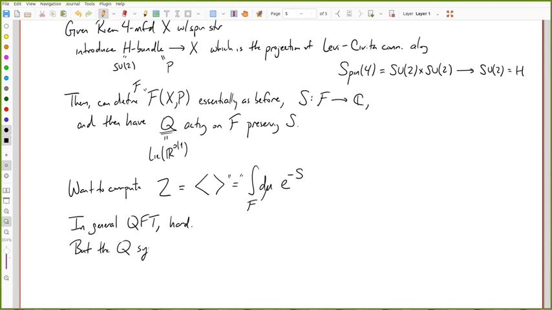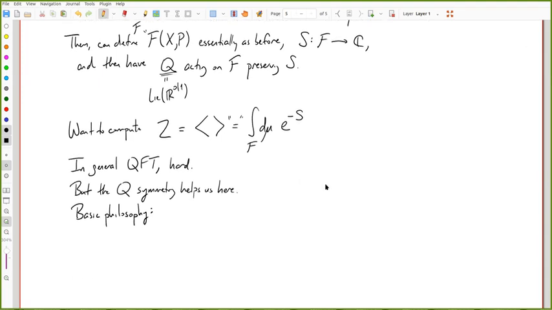So this Q symmetry helps us here. Why? Well, the basic philosophy is like this. This is the kind of formal path integral argument. Let me right away say what's the name of what we're going to do.